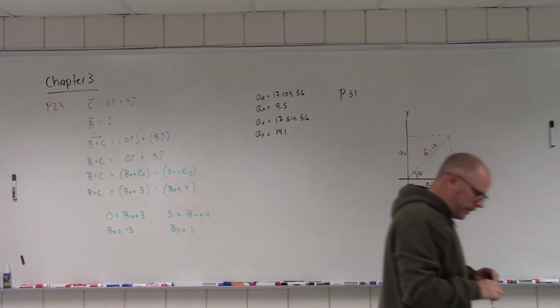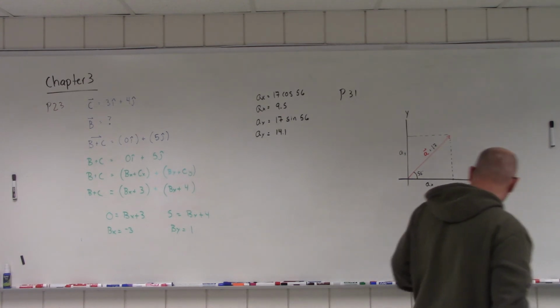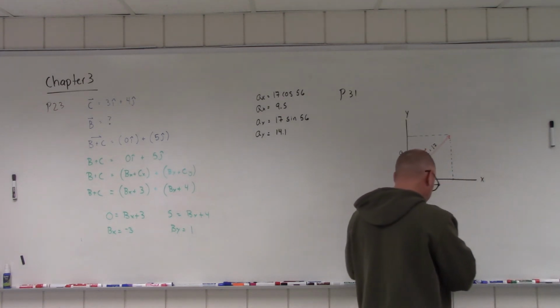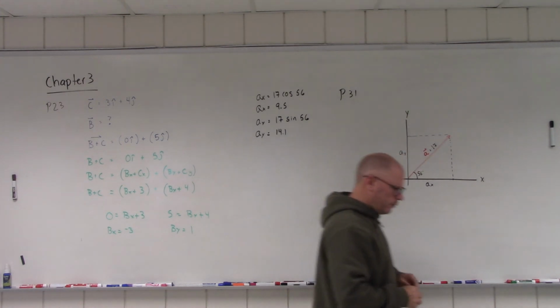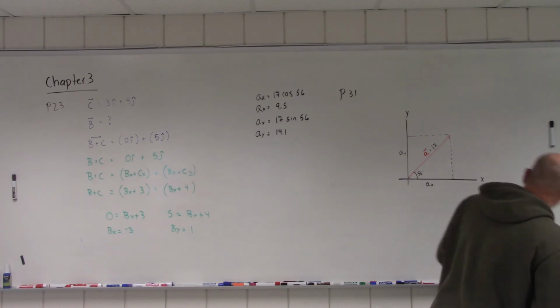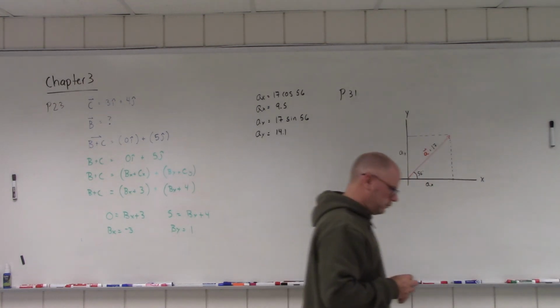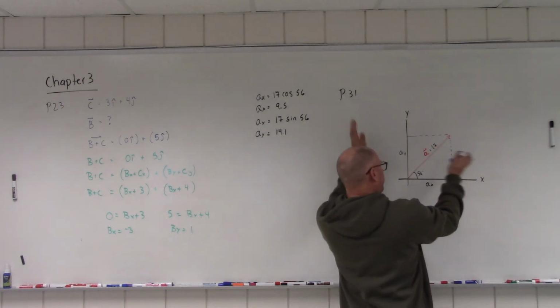Fantastic. But then it says, I'm going to rotate this whole thing. I'm going to rotate it 18 degrees. So I'm going to take the whole thing and rotate it 18 degrees.